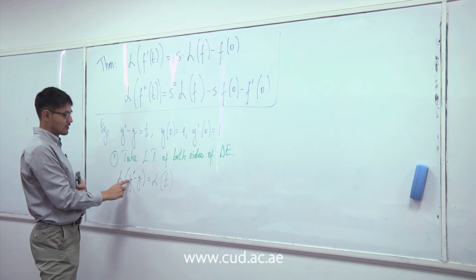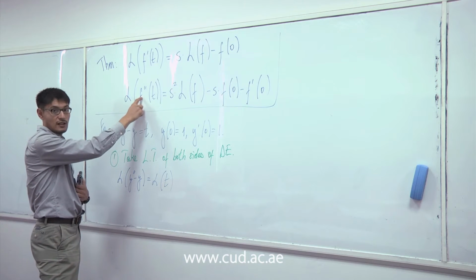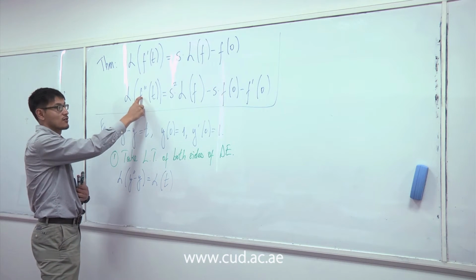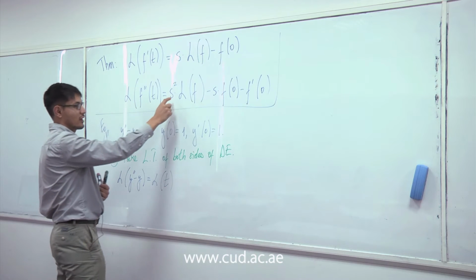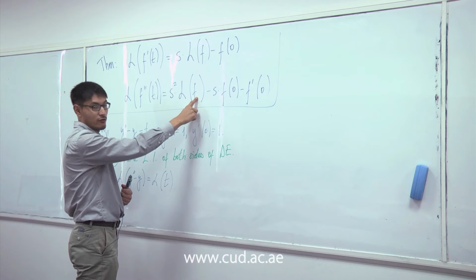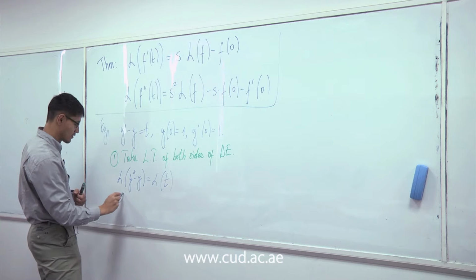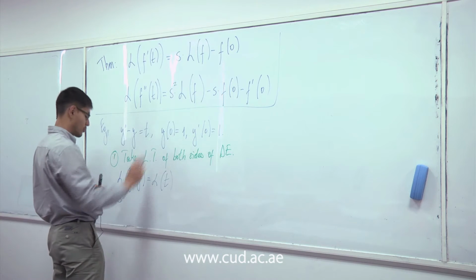Okay? So imagine putting here y double prime. Then the transform of y double prime will be s squared times Laplace transform of y. So let me write this down here. s squared times Laplace transform of y.